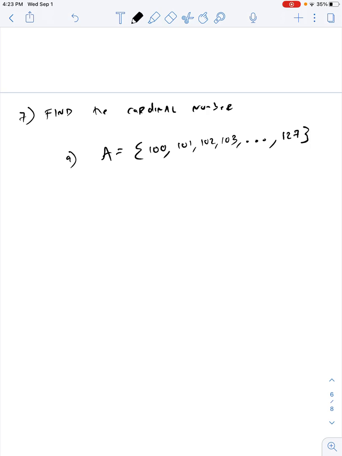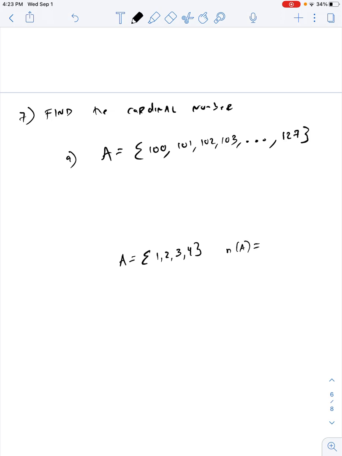So, let's take a look at a really easy example. All right, and we'll come back to this. What if I said that A has 1, 2, 3, 4 elements?